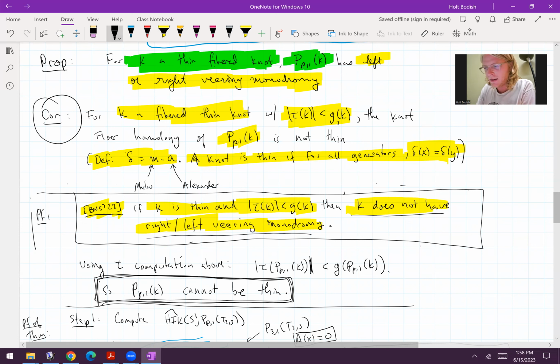So I should say if K is fibered, and absolute value of tau of K is less than G, K does not have left or right veering monodromy. So we can use our tau computation from above of these satellite knots to see that whenever tau of K in absolute value is strictly less than G, the same is true for the satellite knot. And so since these knots have left or right veering monodromy, they can't be thin.